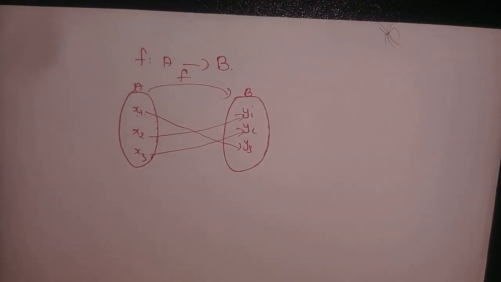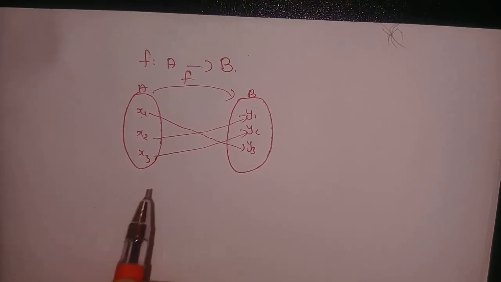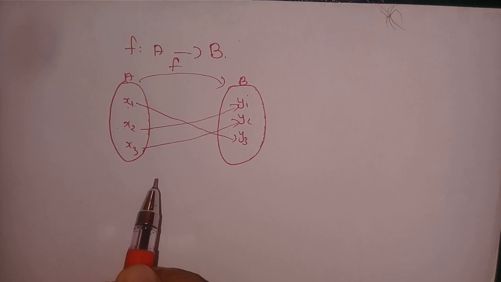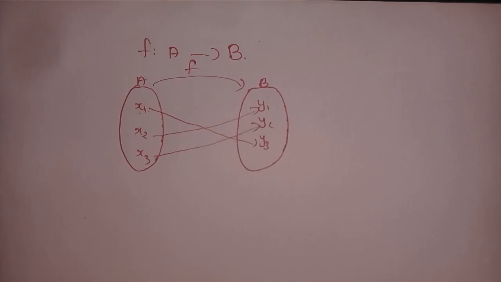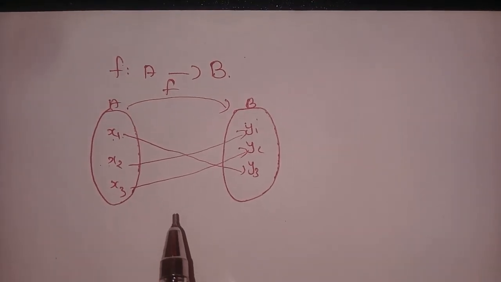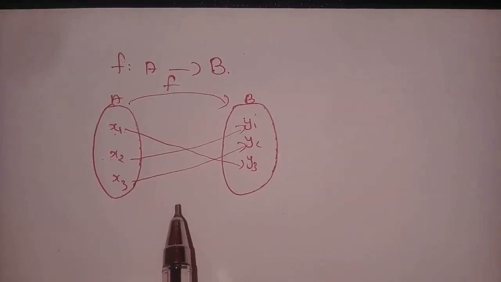Then my next question is, is it an example of a bijective function or not? So this is an example of a bijective function. Why is it a bijective function?